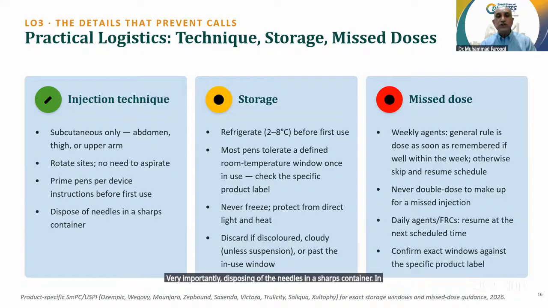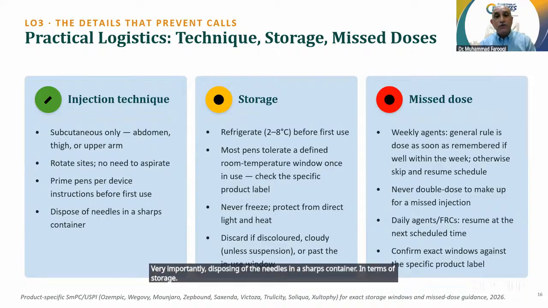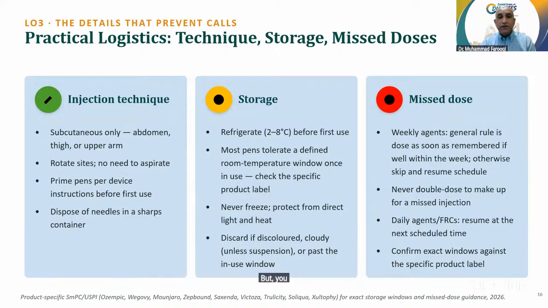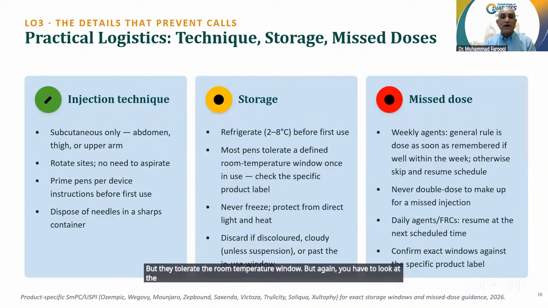In terms of storage, you have to refrigerate it before the first use, but once they are out of the refrigerator, they tolerate the room temperature window, but again, you have to look at the specific product that you are prescribing to your patient.